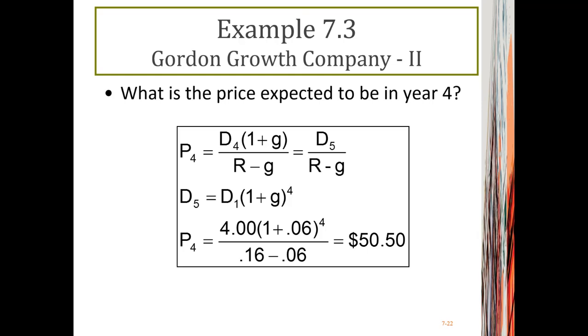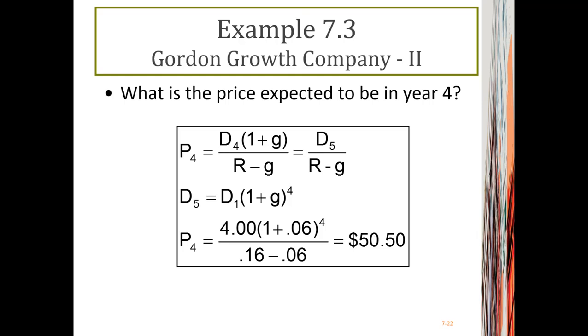Stock price in year 4. So 4 years later, D1, D2, D3 are gone. Right? And also D4 has been paid. So in year 4, what an investor can expect is D5, D6, all the way to DN.